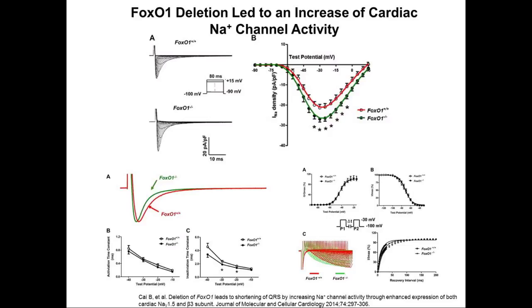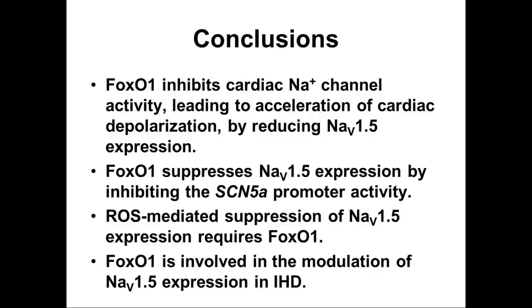Then we recorded the sodium currents from these FOXO1-deletion cardiomyocytes. As you can see, after deletion, sodium channel activity is increased by about one third. The kinetics of the sodium channels were not changed much. From this portion of the talk, we can conclude that FOXO1 is a suppressor of sodium channel expression, and deletion of FOXO1 increases sodium channel activity.